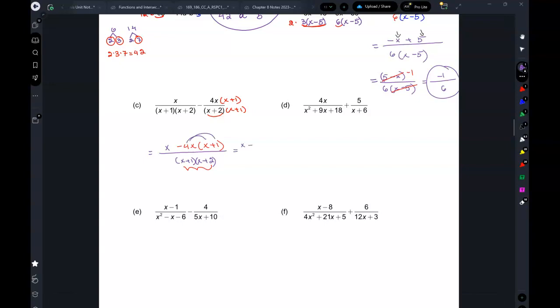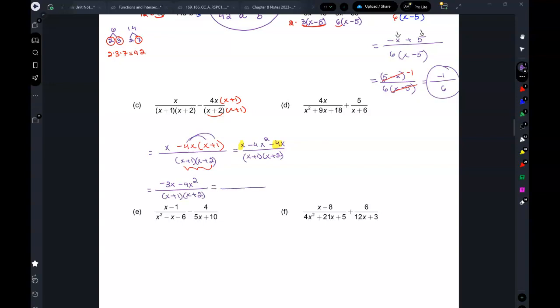I have x minus 4x squared minus 4x all over x plus 1, x plus 2. Okay, what do we have here? The x and the minus 4x is minus 3x minus 4x squared, over x plus 1, x plus 2.